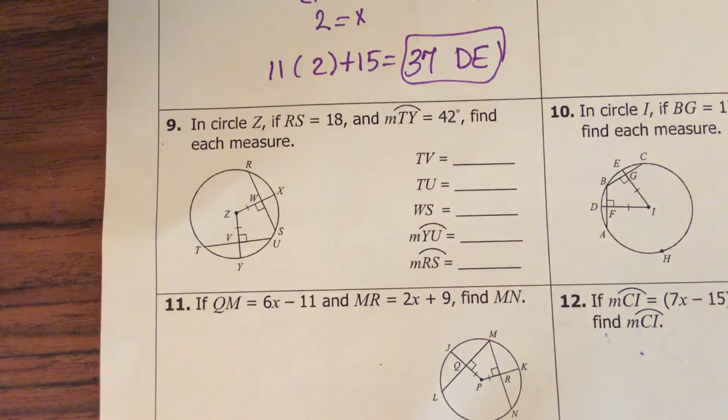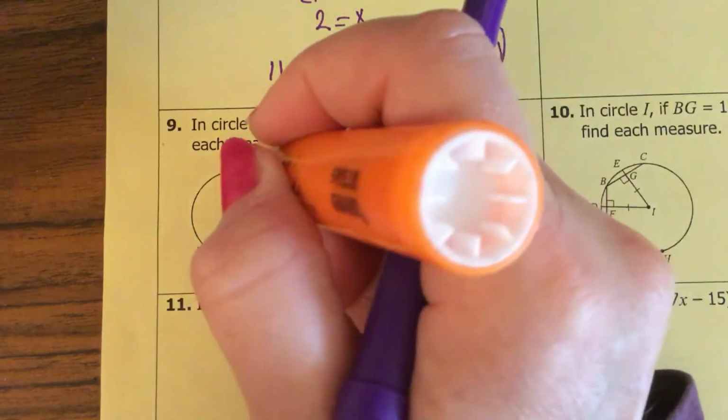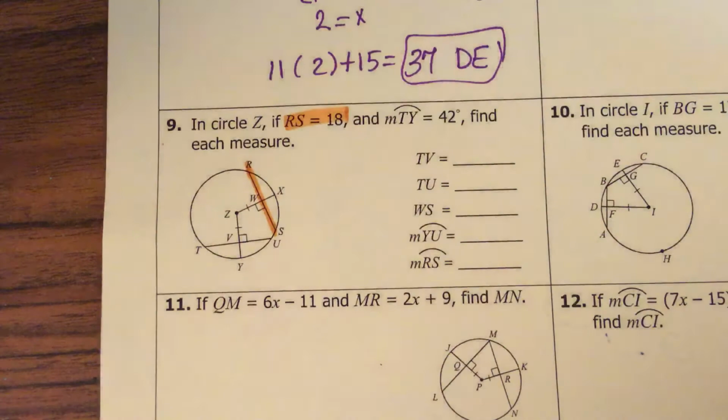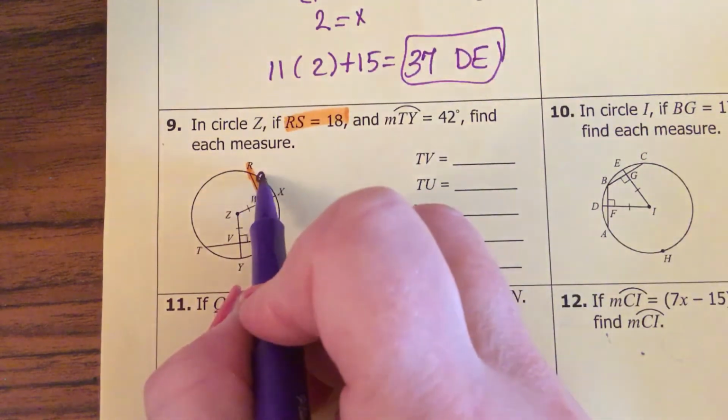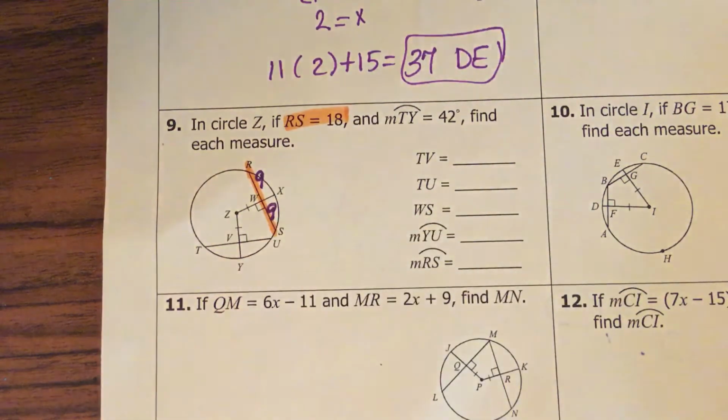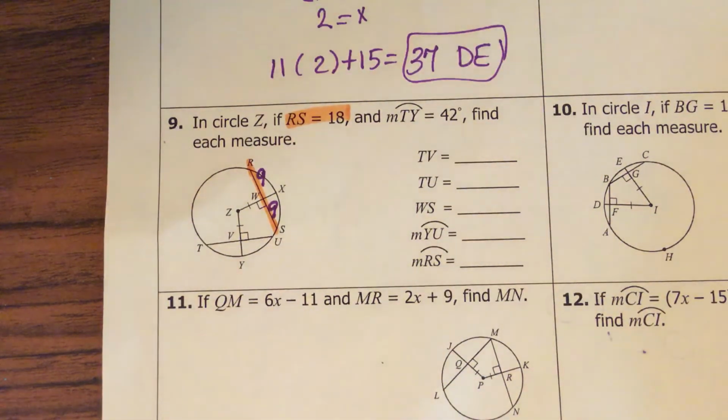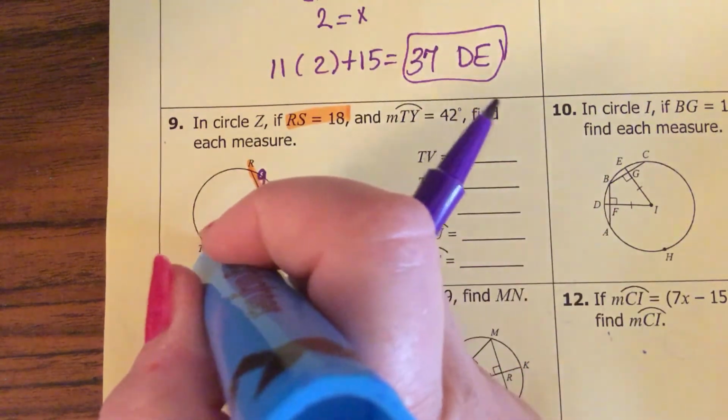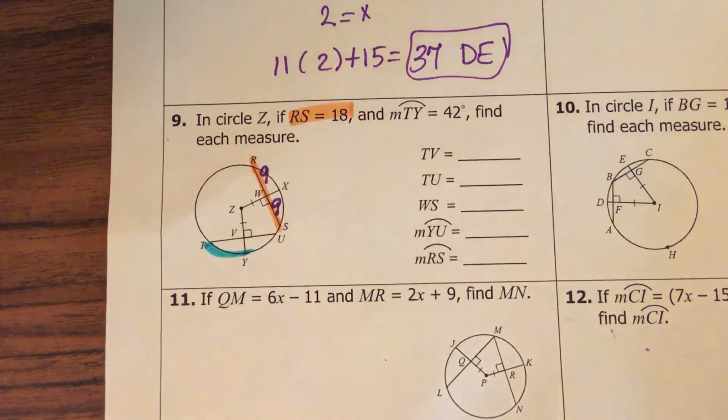This tells us that we're given RS. So if we look at this, RS, this whole line is 18. So that means half of that line is 9 because we have the perpendicular section there. And this says TY, this arc out here is 42.